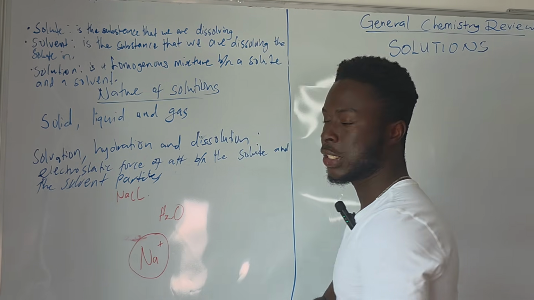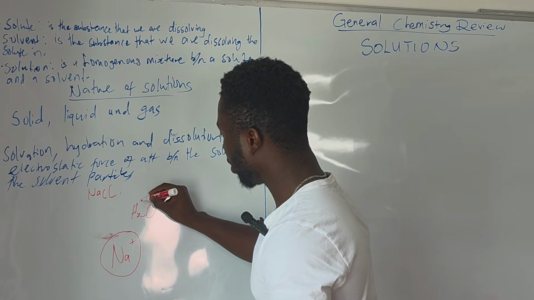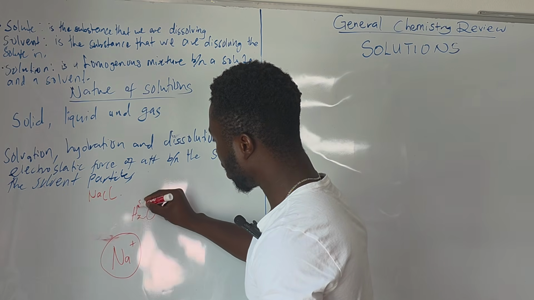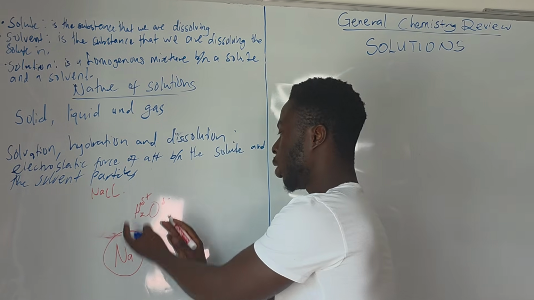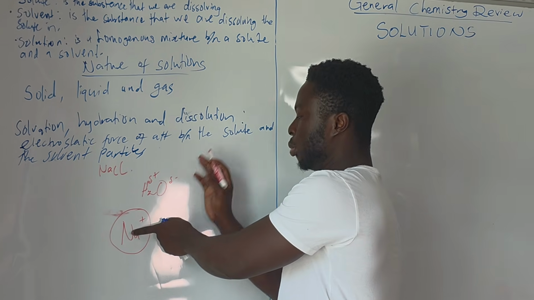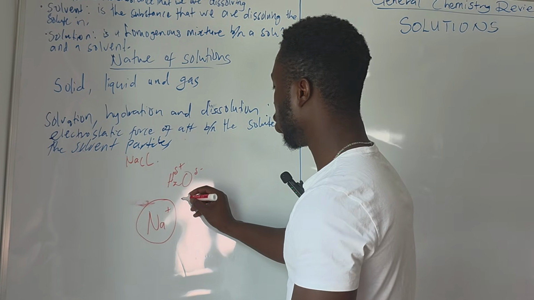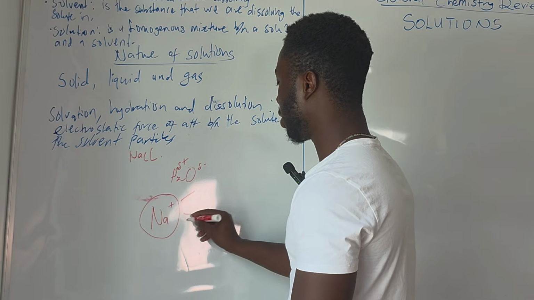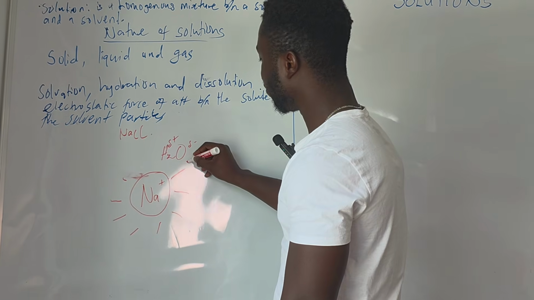And you know water is polar covalent. So the hydrogen here is partial positive, and the oxygen here is partial negative. So the partial negative is going to be attracted to the positive charge. So you will see the oxygen atoms surrounding the sodium.